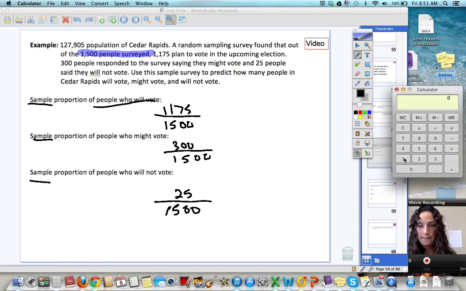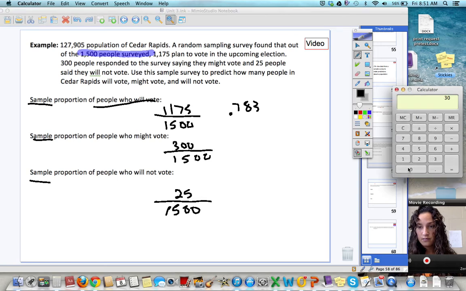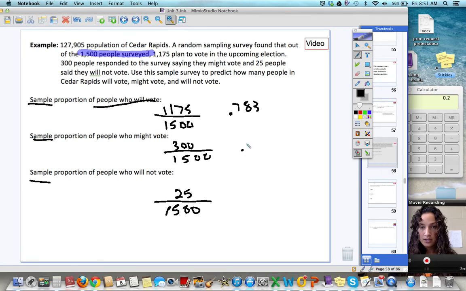We can put these as a decimal or percent. So 1175 divided by 1500. So here we're just going to round this to 0.783. 0.2.